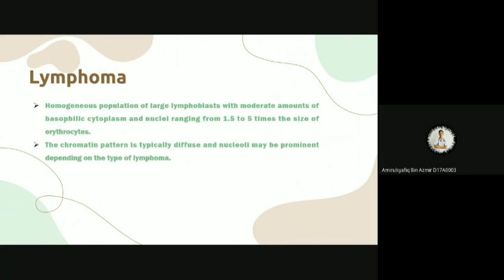For lymphoma, in cytology, we see a homogeneous population of large lymphoblasts with a moderate amount of basophilic cytoplasm and nuclei ranging from 1.5 to 5 times the size of an erythrocyte. The chromatin pattern is typically diffuse and nucleoli may be prominent depending on the type of lymphoma.